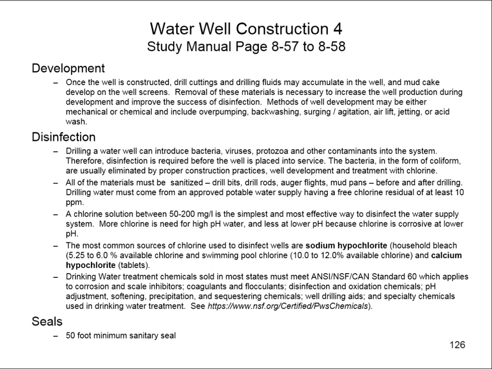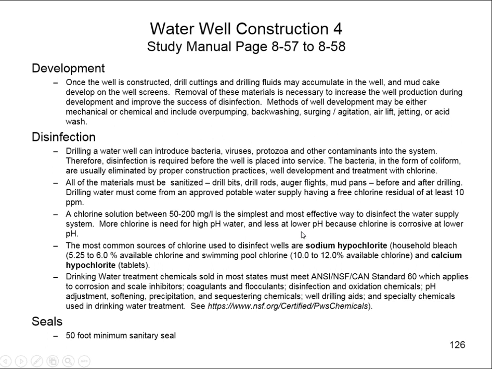Now, the disinfection is really important because we don't want to introduce bacteria or viruses or protozoa into our drinking water. So we use a chlorine solution, and we have to look at the pH, because if we have high pH, then we need more chlorine.